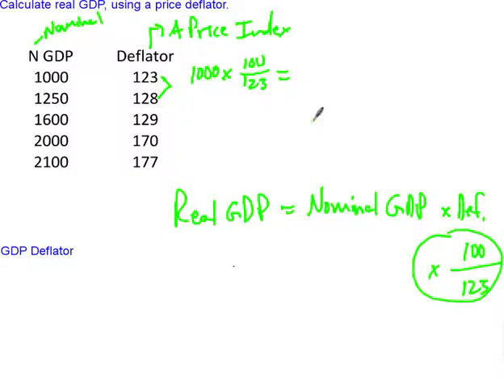All right, and this is how you would calculate real GDP, and so this would equal $813.01.